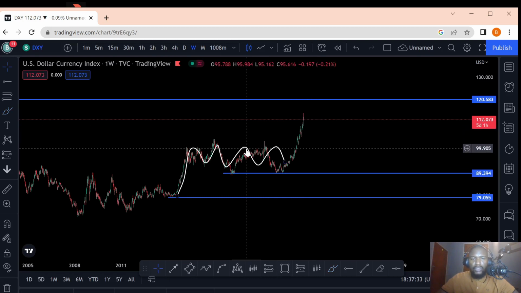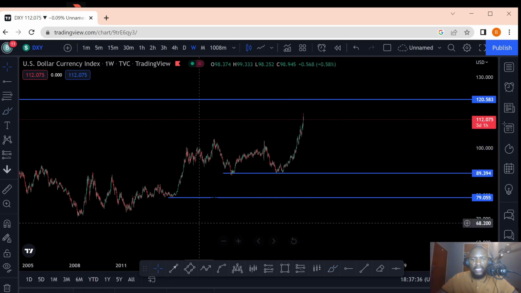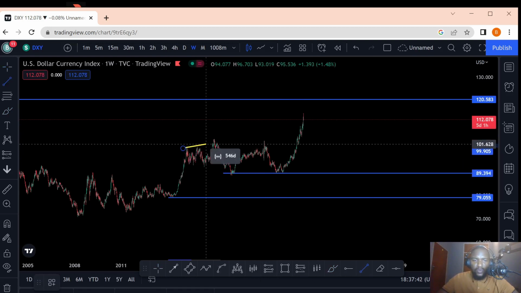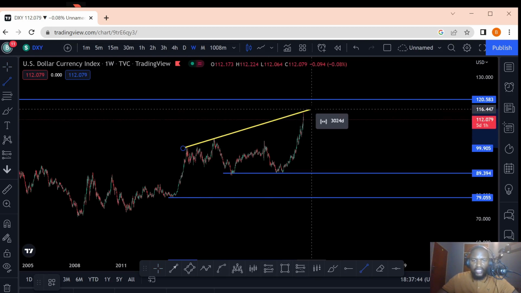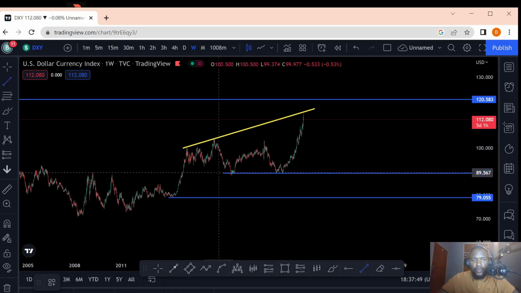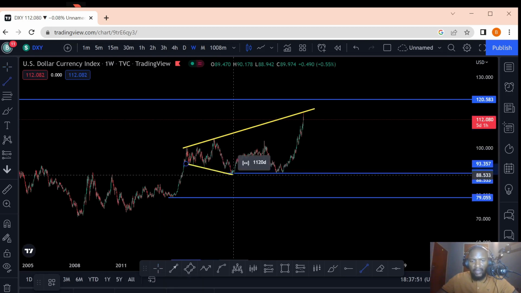But we need to see what really happens in this type of movement. We have an expanding wedge type formation, as you can see from here. We have 1 2 3, and also we have this at the bottom.